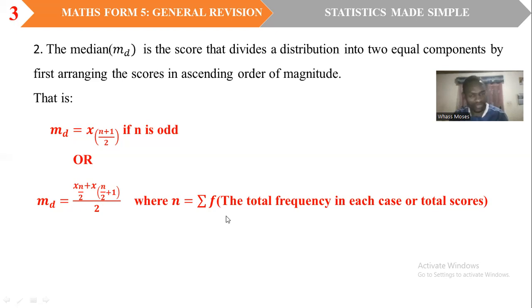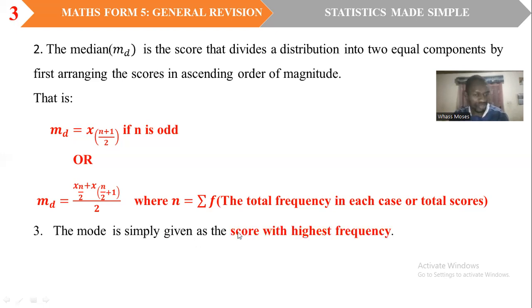In this case, if it were a frequency distribution, the n would denote the sum of the frequency, which is the total frequency. But if the scores were listed or discrete, again, our n will simply be the total number of scores.